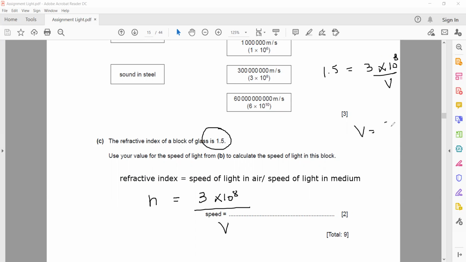So v is equal to 3 into 10 power 8 divided by 1.5, so v is equal to 2 exponent 8 meters per second. Why 2 exponent 8? Because 3 divided by 1.5 is 2, and exponent 8 is already there. Is it clear? The speed of light in the block is obviously a smaller value compared to that in air.